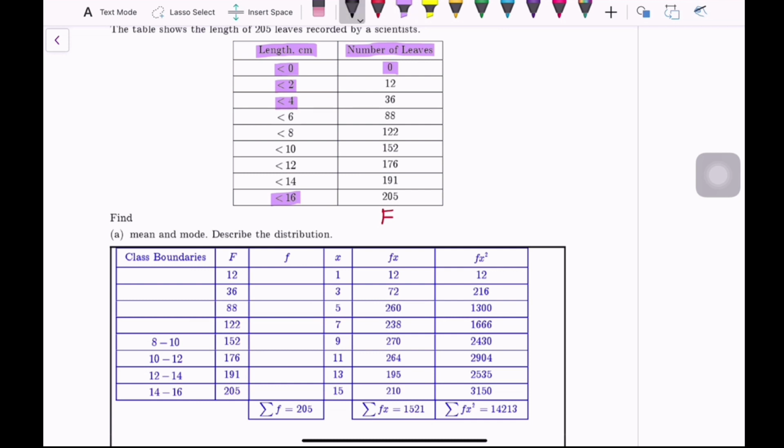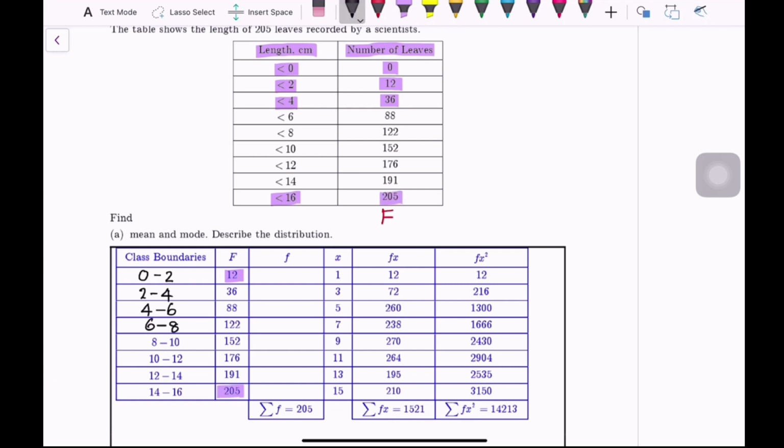For less than 2, the class boundary is 0 to 2. The cumulative frequency is 12. For the next classes, 2 to 4, 4 to 6, and 6 to 8. And then we copy all of the cumulative frequency from 12 to 205.